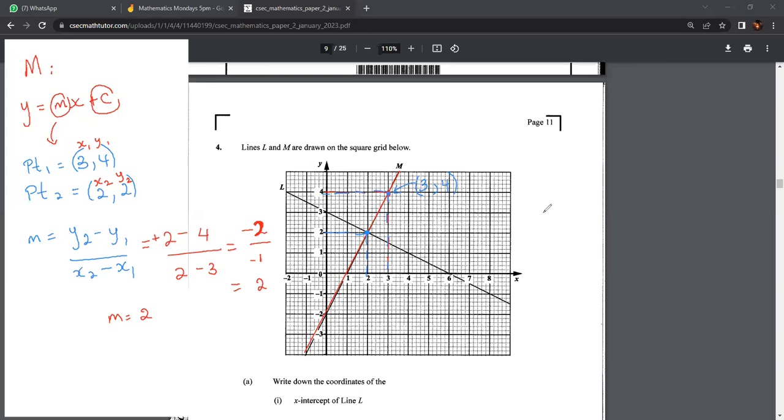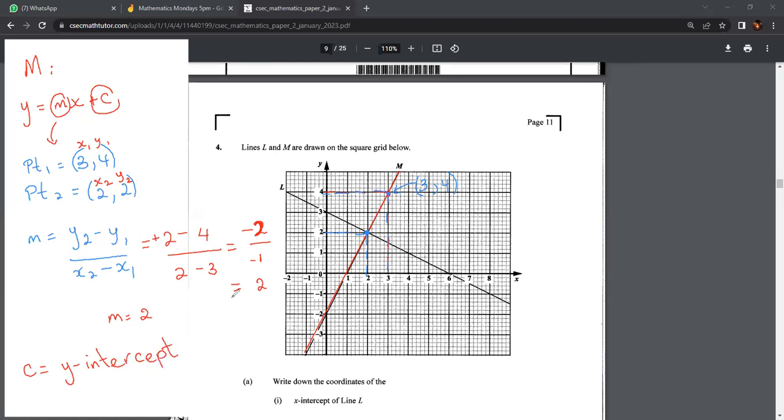All right, so just an observation. But I'll continue. So you need to have your gradient. So we solve for gradient. Now in this case, to find the y-intercept C, it's easy because they gave us the graph.